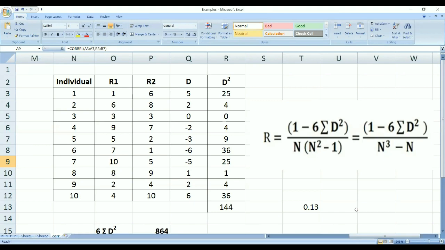Done? This is simple. Just calculate the difference, take a square, and substitute in the formula.